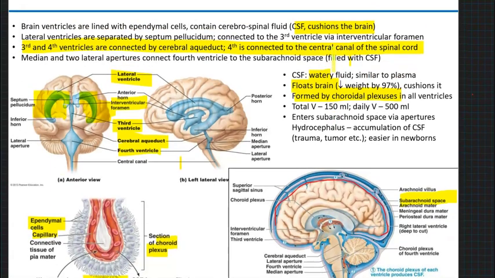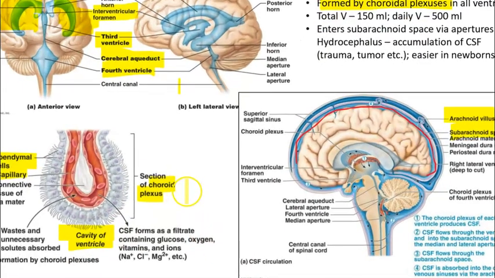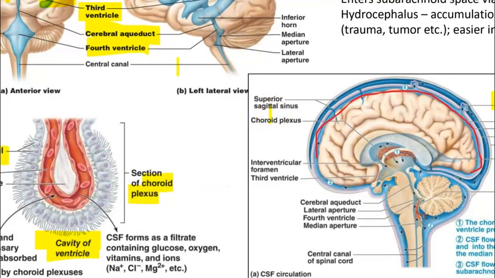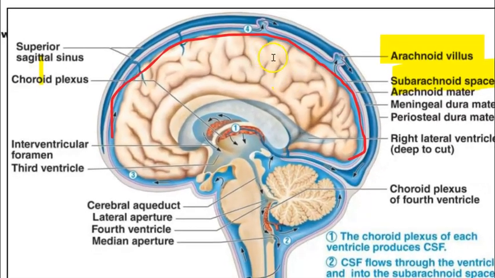So where does it drain through? It drains through arachnoid villi. Arachnoid villi, you can see them. Arachnoid villi are the structures that drain cerebrospinal fluid.